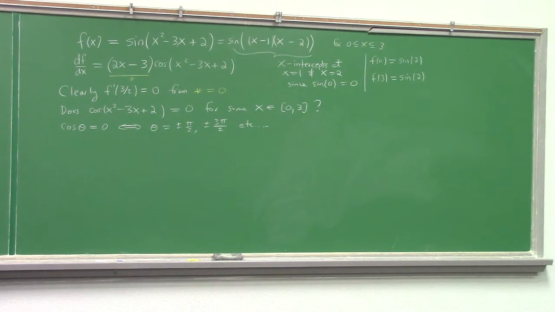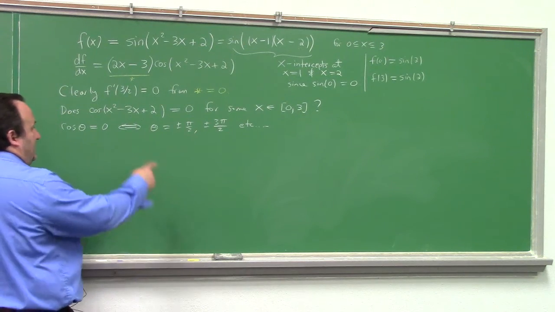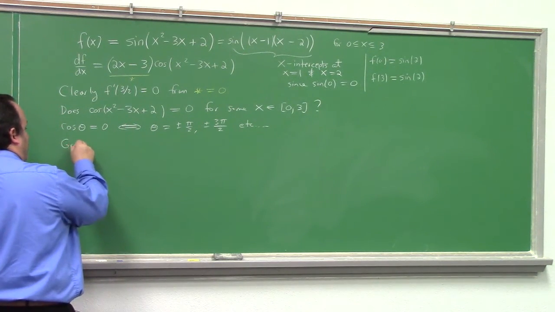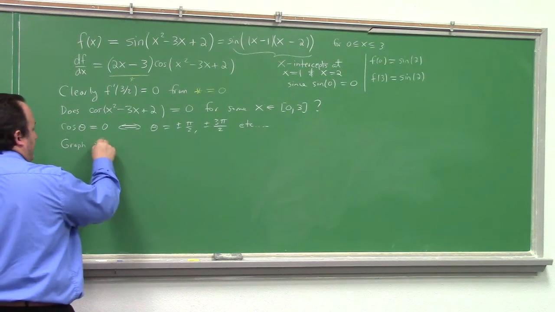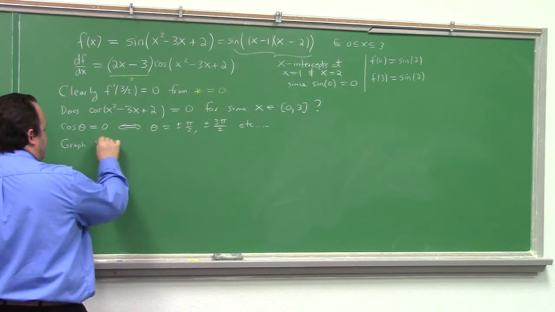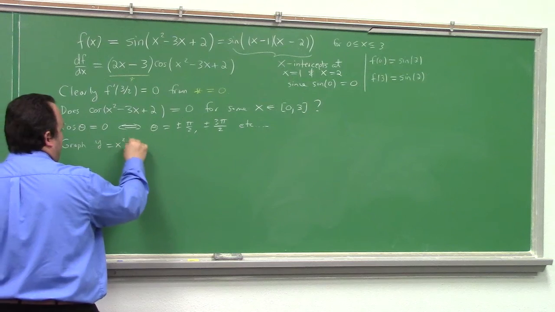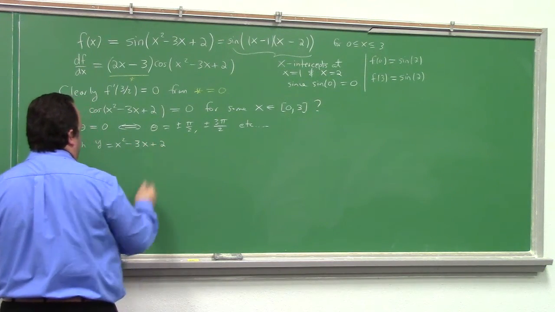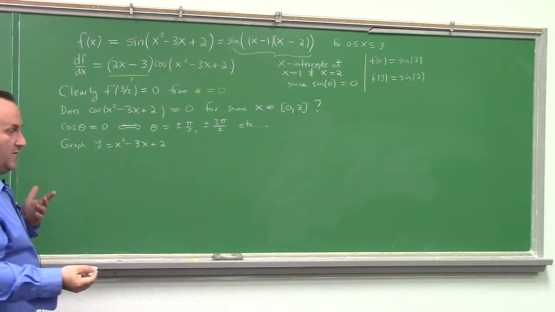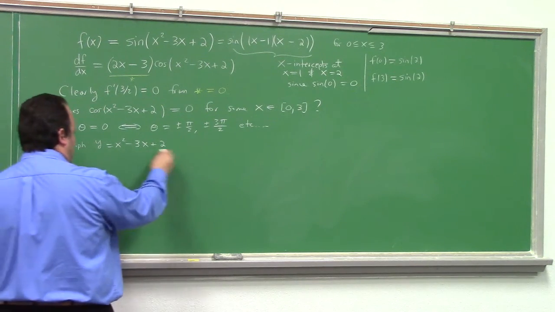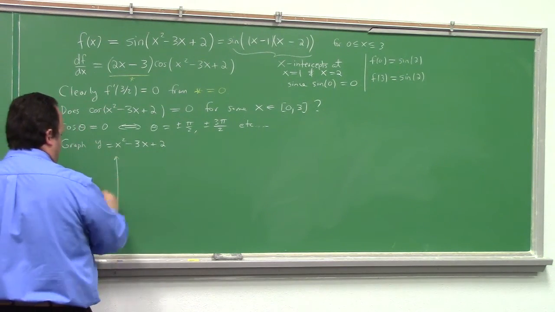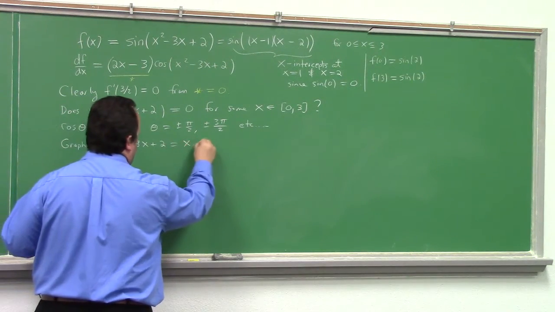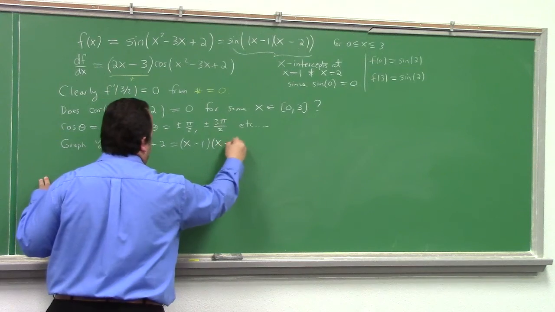At this point, the best way to figure that out is simply to graph y equals x squared minus 3x plus 2. That will reveal whether or not there's another critical number. This is actually x minus 1 times x minus 2, right?